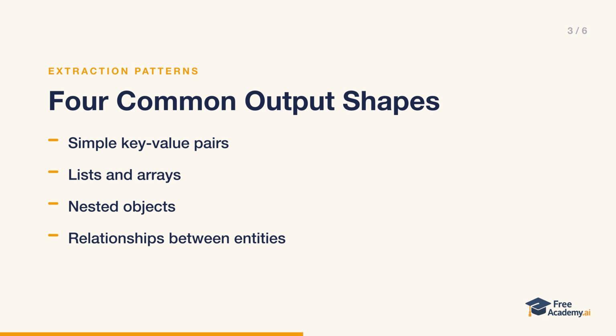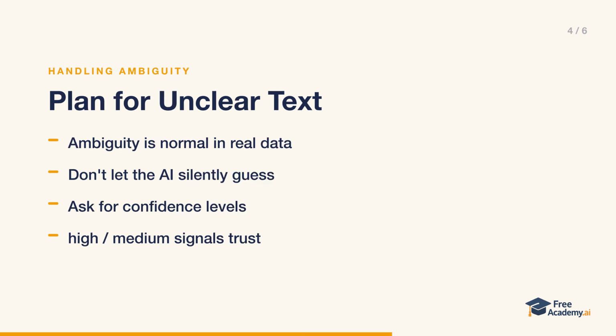text you encounter. Real text is often ambiguous, and a good extraction prompt plans for that. Take a sentence like, contact John at the NYC office or reach Sarah at our LA headquarters. Which office is actually the headquarters? It's not perfectly clear. Instead of forcing the AI to silently guess, ask it to attach a confidence level to its answers.